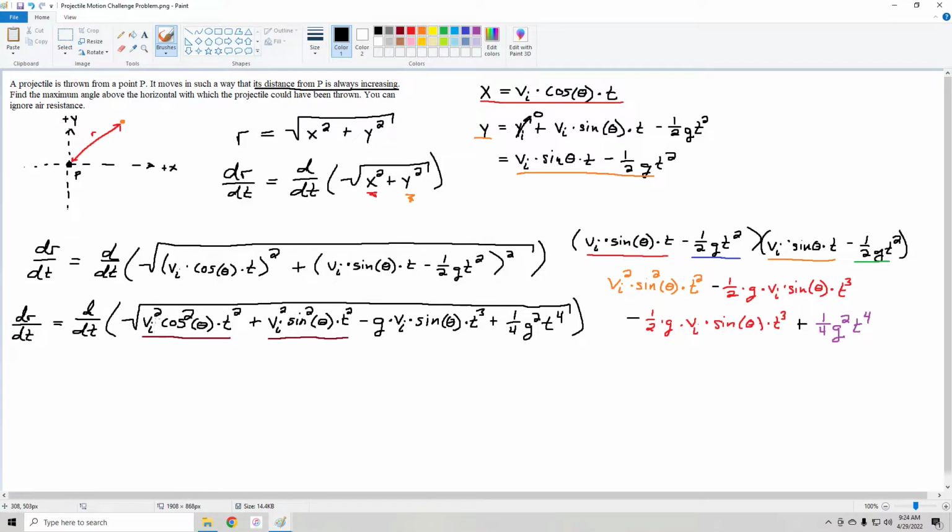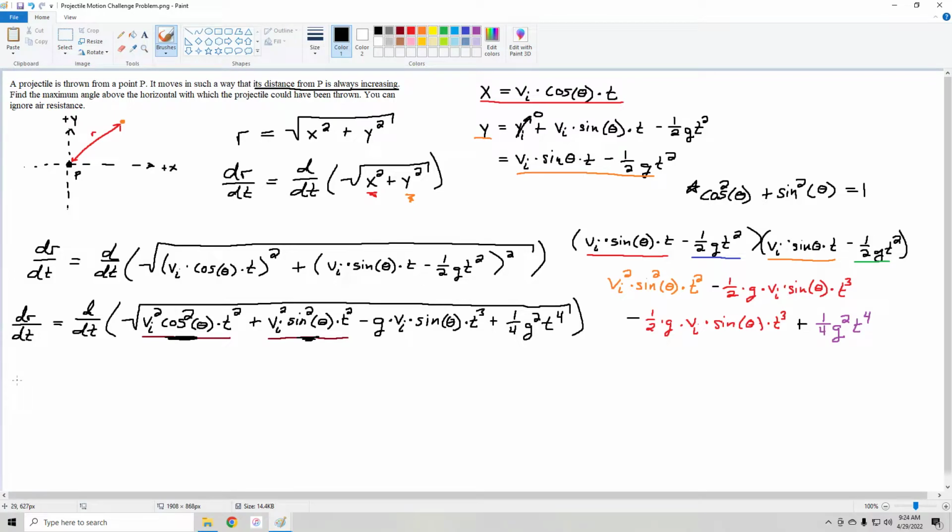They both have v initial squared, but they have cosine squared plus sine squared. There's a very important identity, which I'm sure you may remember. Cosine squared of whatever angle plus sine squared of whatever angle is just equal to 1. So we could just factor out v initial squared and t squared and get rid of this cosine squared plus sine squared.